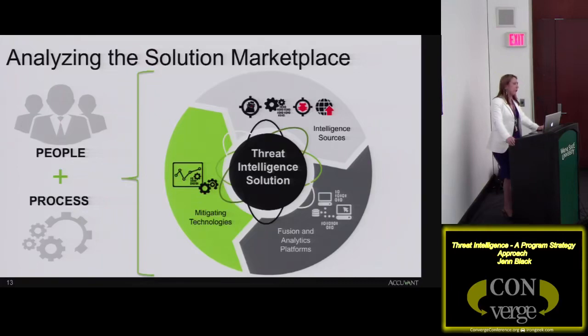And for them to do a really good job of correlation, the more data you pump into them, the smaller that sliding window of detection gets. And that's where fusion and analytics platforms come in, like ThreatConnect and ThreatQuotient, a couple of the ones that we talked to that we thought were really good.